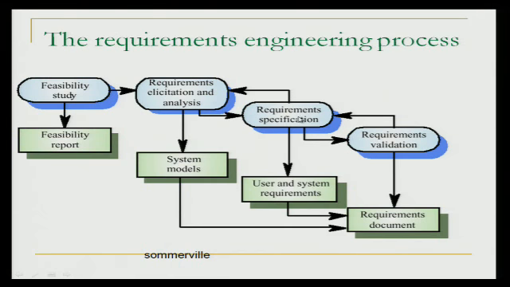In this class, I'm going to combine this bullet and that, and we're going to have one requirements specification. But we're working our way down this. So feasibility, elicit, model, and that combination is going to produce the requirements. We're going to prioritize them, validate them, and ultimately form a requirements document.